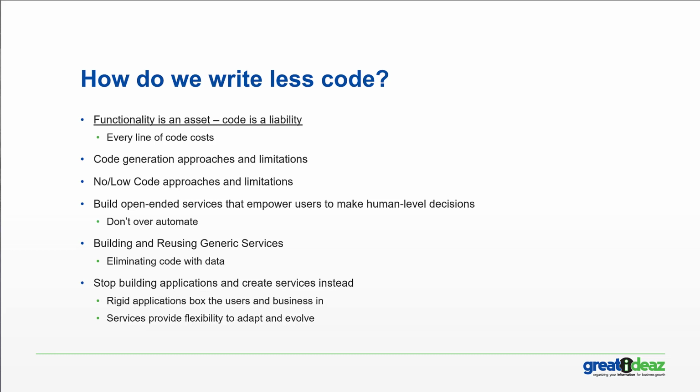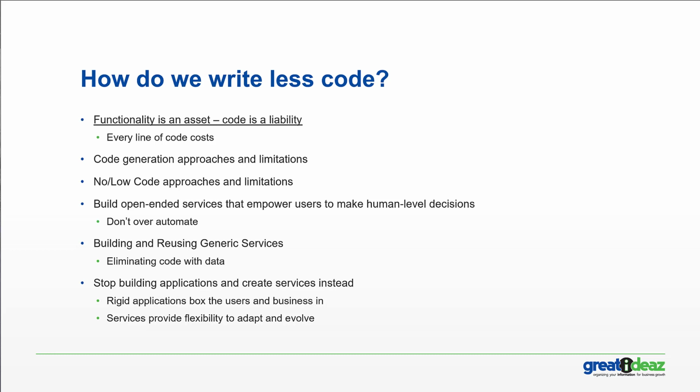So is there a way of having a service, and as we deploy the service, provide configuration values that determine how that service works? So which email addresses I send emails from, which marketing topics this service is going to support, and so on. So when we're looking at writing less code, what we really want to focus on is reusing services, and the best way to do that is to make the service itself generic and dependent on configuration data, rather than hard coding all of the different types of email service we might need.